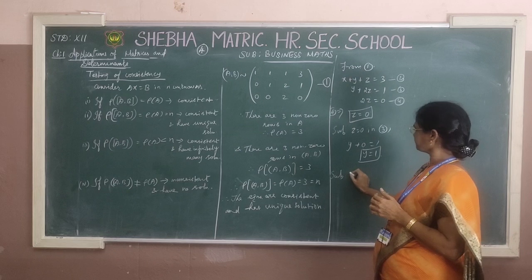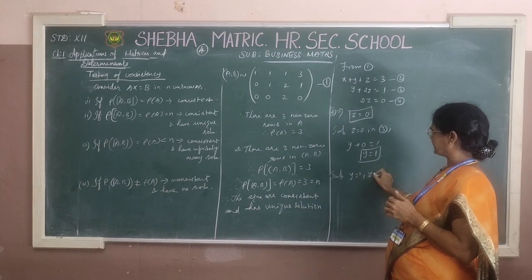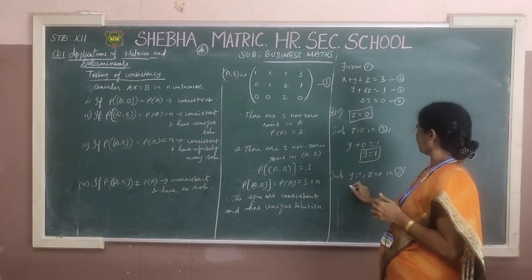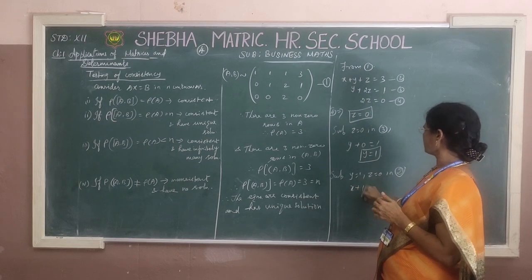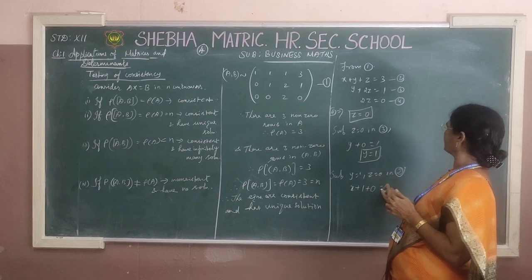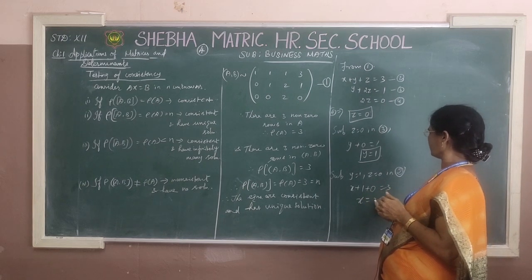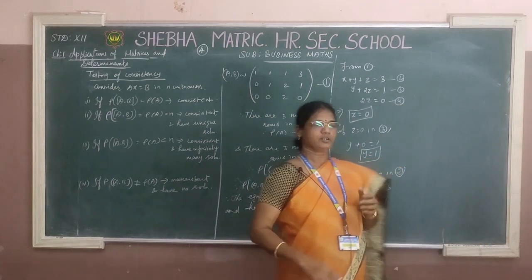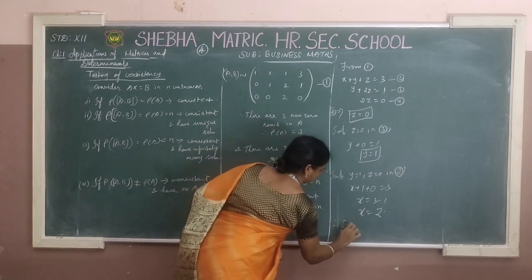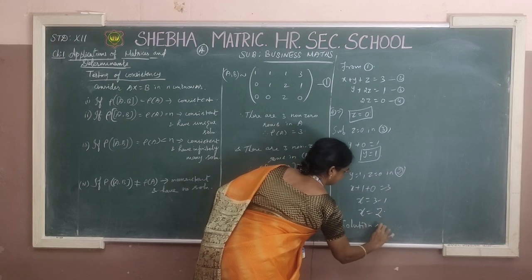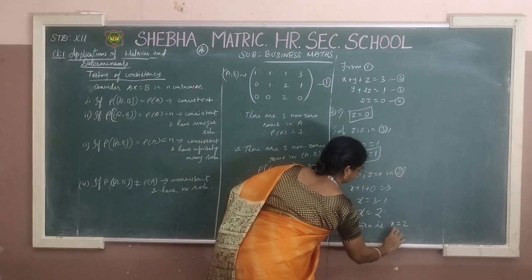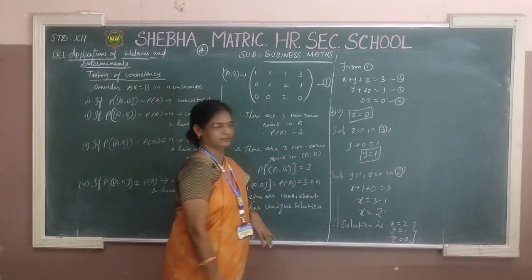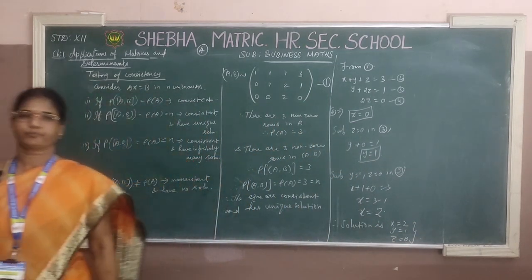Substituting y equal to 1 and z equal to 0, x plus 1 plus 0 equal to 3, so x equal to 3 minus 1, x equal to 2. Therefore, the solution is x equal to 2, y equal to 1 and z equal to 0. This is unique. Understood this?